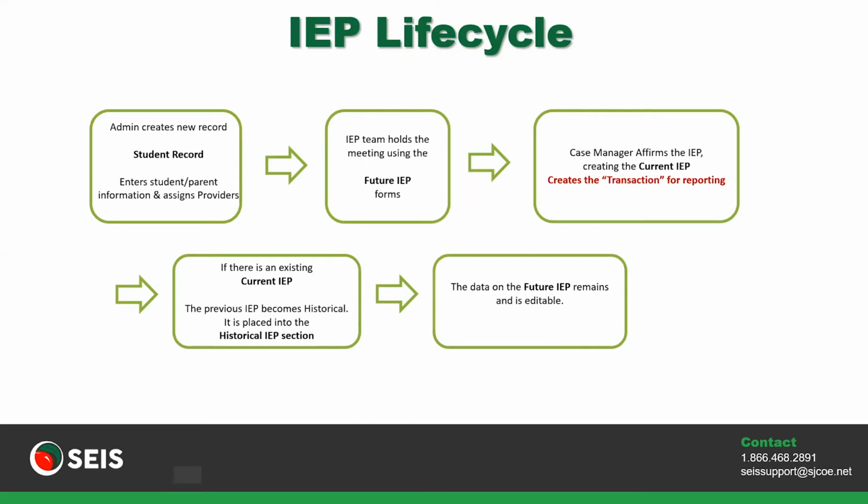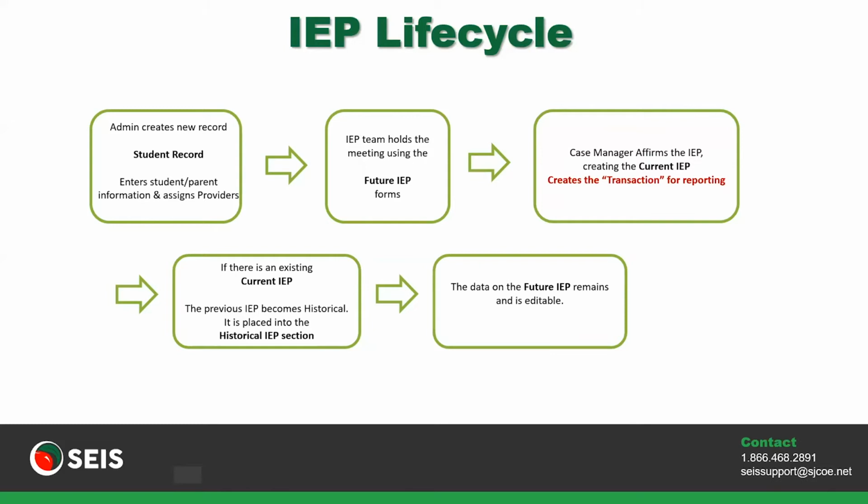All right, so just real quick on the IEP lifecycle, this is from the minute that the student record is created. Everybody enters that information, the admin will enter all the demographic information, and the IEP team will use the future IEP forms to prep for the meeting. After the meeting has been held, the case manager will affirm the IEP.